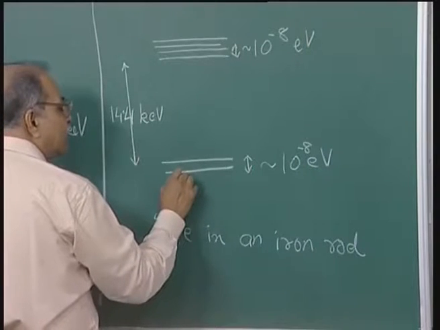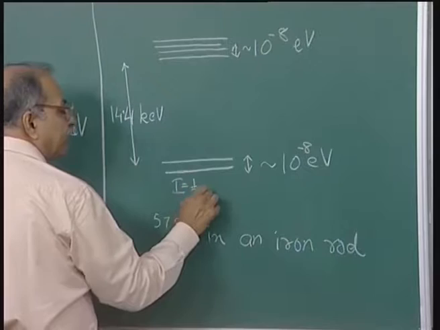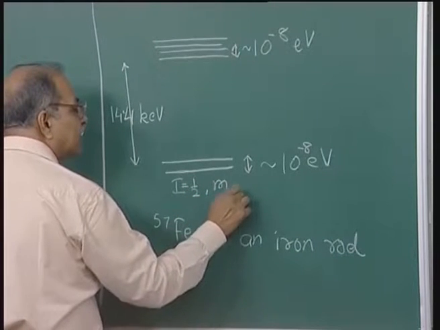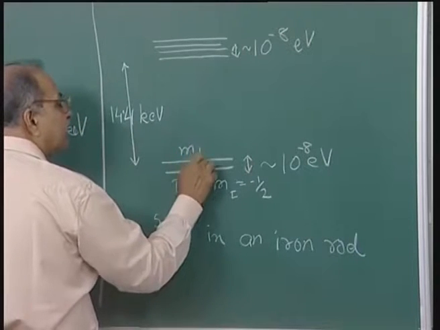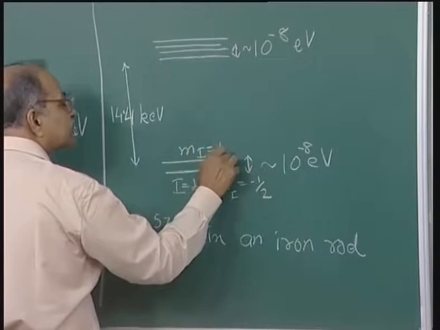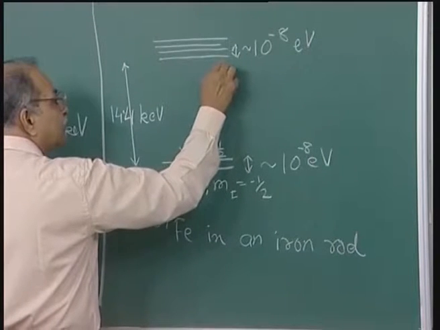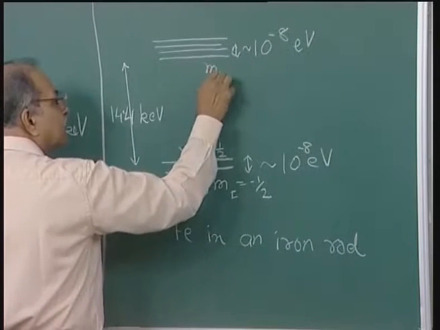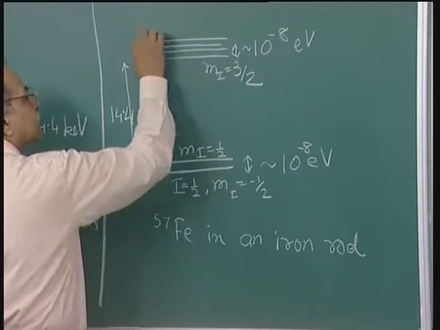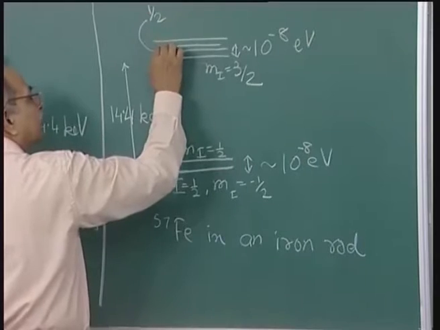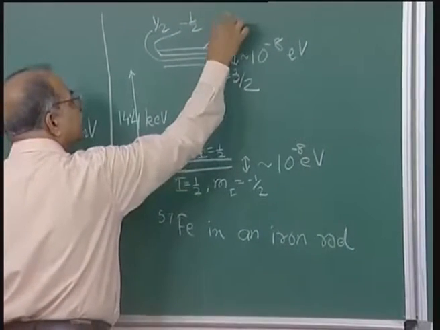And this I equal to half, you have m of I that is minus half here, and m of I is plus half here. Similarly, here it will be 3 by 2, then 1 by 2, then minus 1 by 2, and then minus 3 by 2.